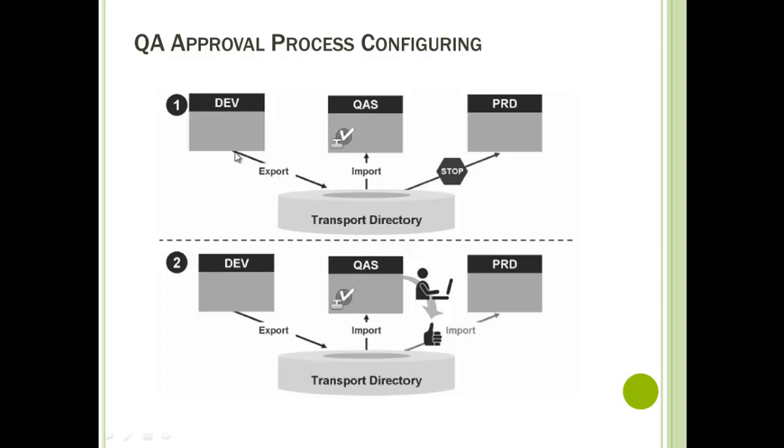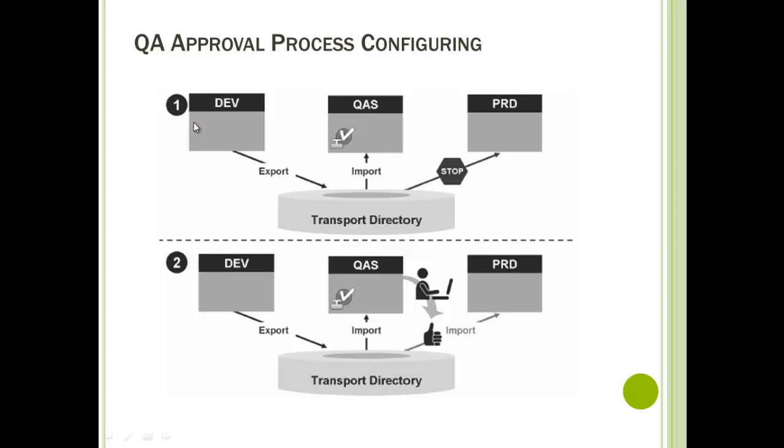If it is necessary to have an approval process, then we can activate the QA approval process. But if it is not necessary, then we really do not need to activate it. In a typical three system landscape, the QA approval will be done in the quality system.